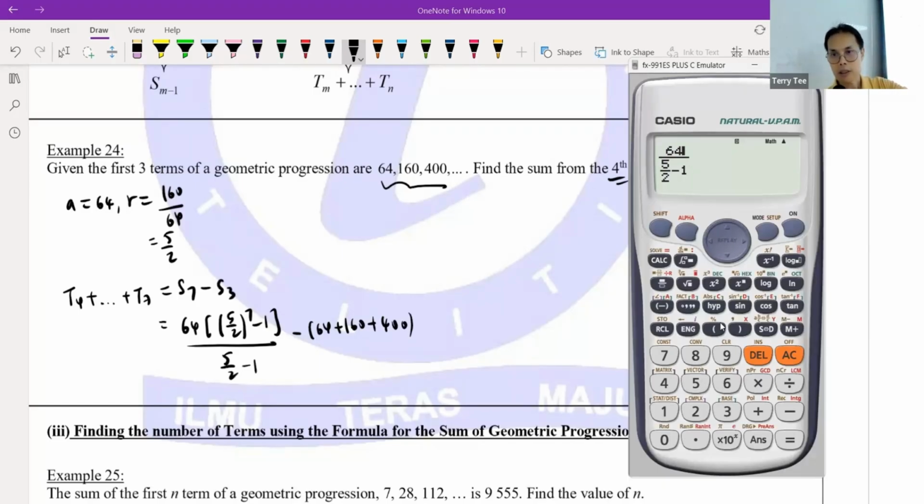And the top part, I'll put a very big number, 5 over 2, close bracket, power 7 minus 1. And for the other sum, I'll just take 64 plus 160 plus 400. Okay, guys, 25375.